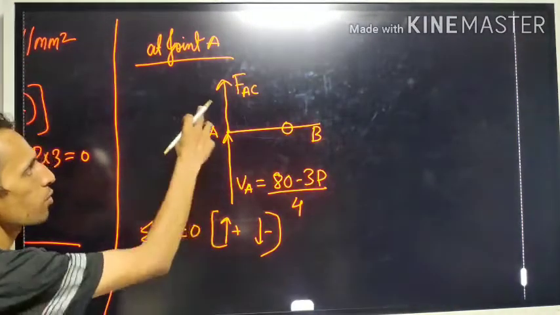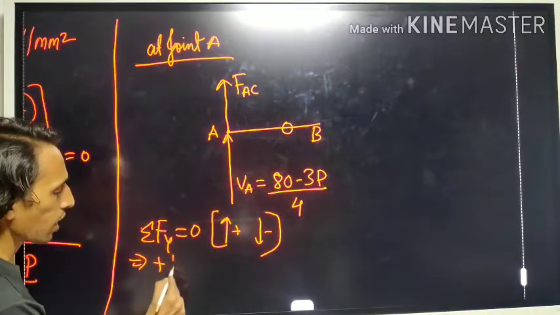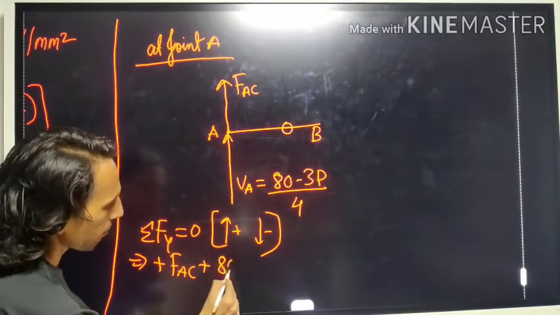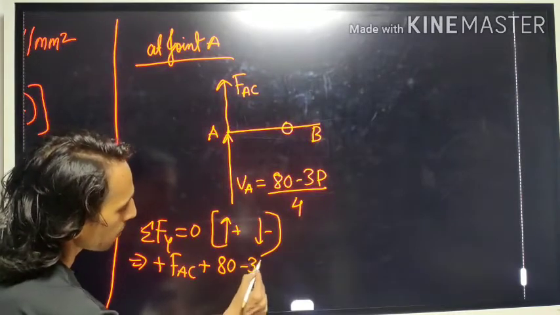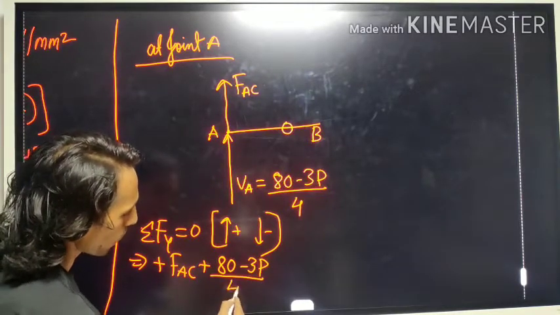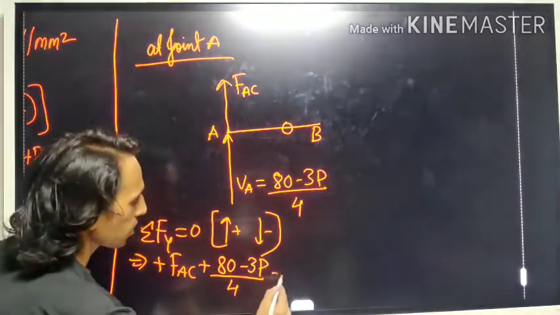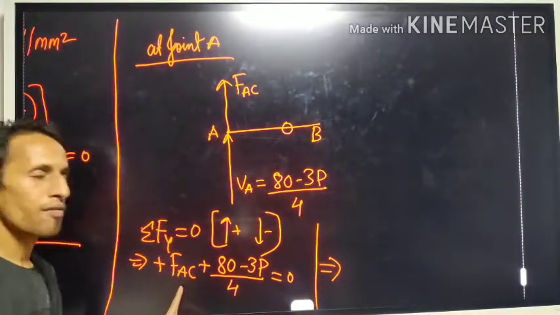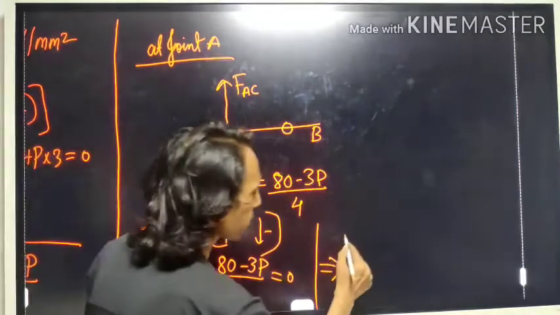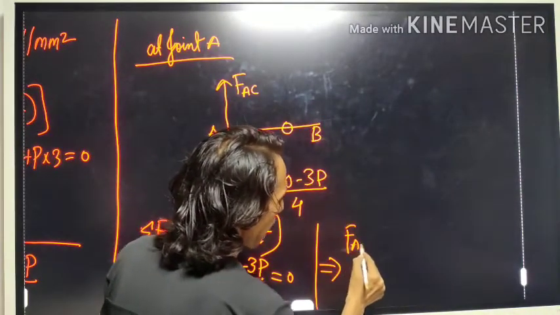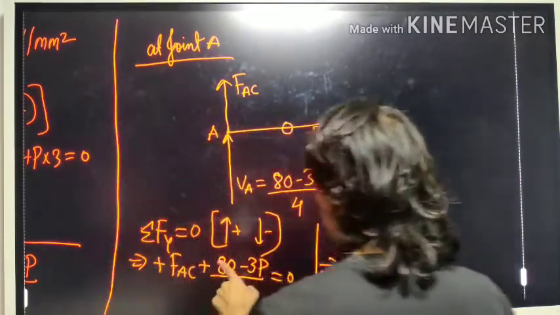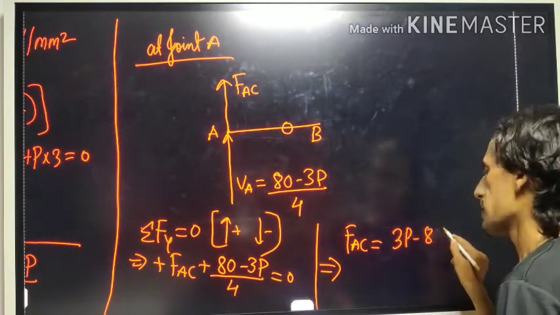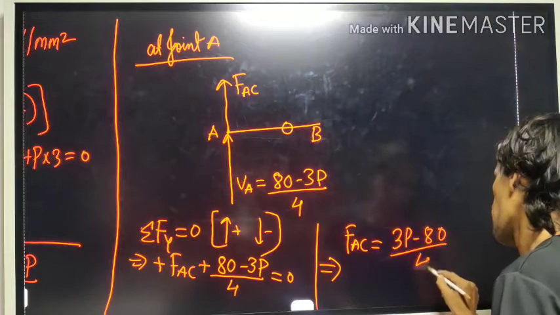Both the forces are in upward direction, so FAC plus 80 minus 3p divided by 4 is equal to 0. So from here I can calculate the value of FAC. What will be its value? FAC will be minus, so 3p minus 80 divided by 4.